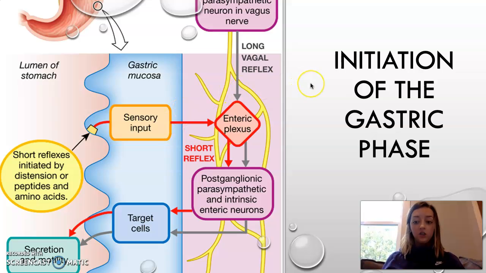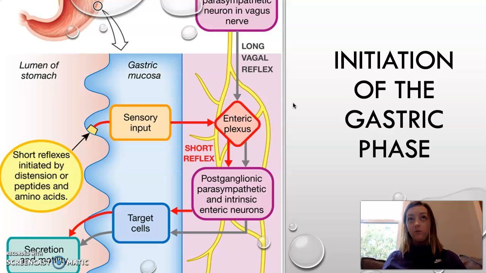So the initiation of the gastric phase has to do with a series of steps, which I thought this image from the Silverthorne textbook chapter 21 outlined nicely for us. So the gastric phase starts when food enters the stomach from the esophagus.